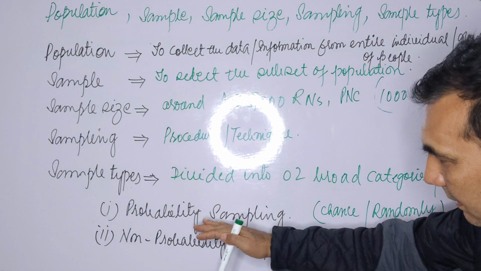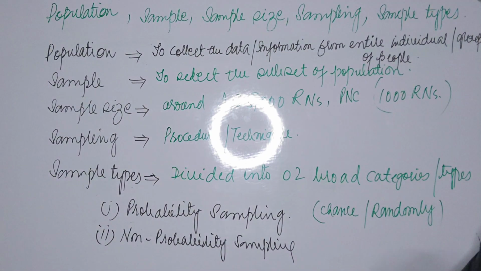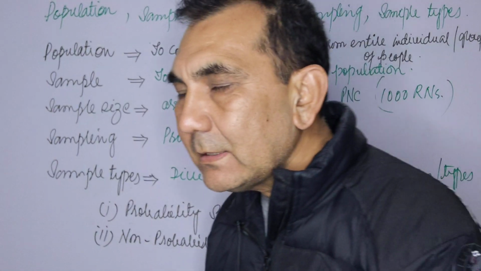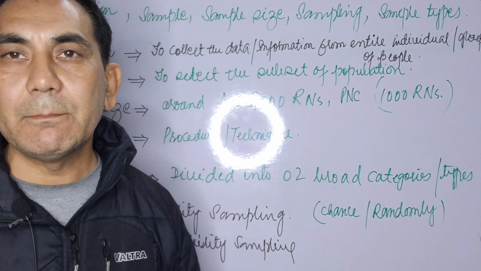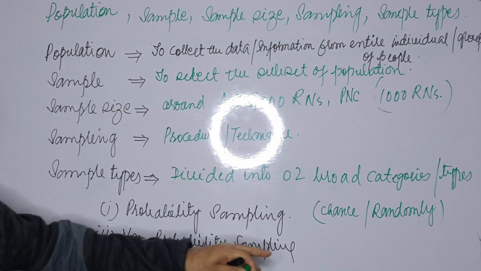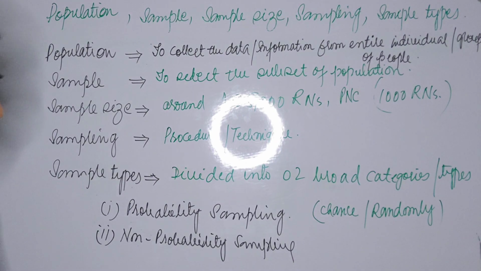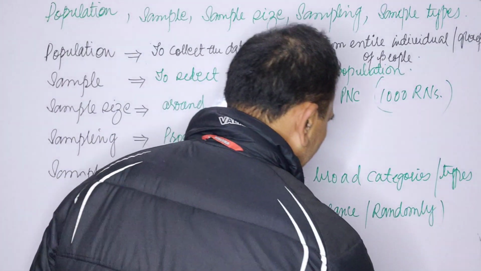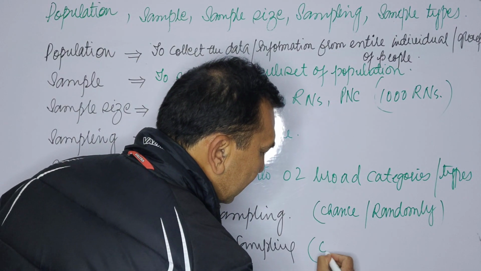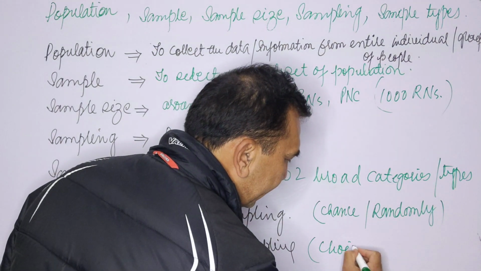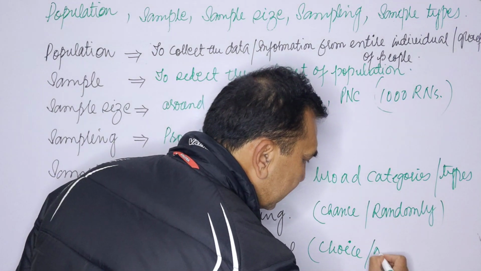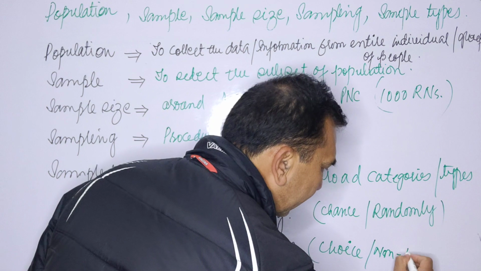The non-probability sampling always selects by choice, or you can say non-randomly.